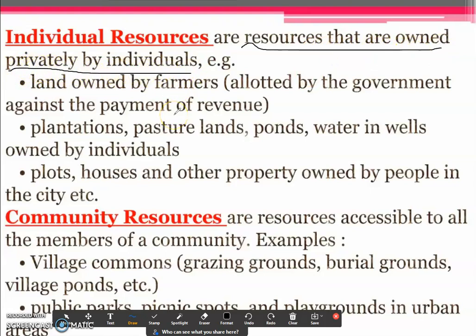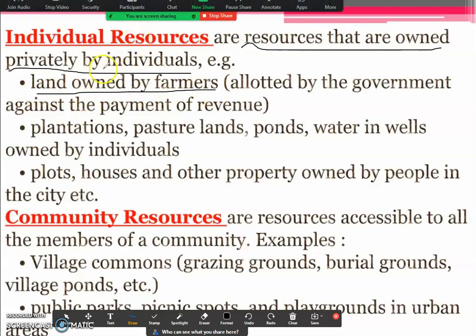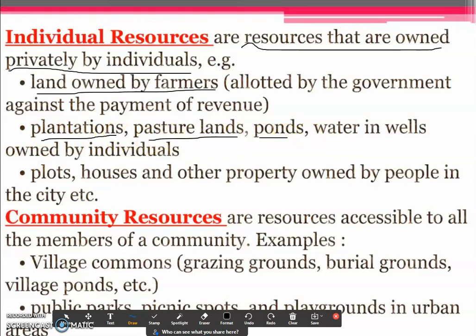That means the resources which are owned by so and so person are called individual resources. For example, you can take land owned by a farmer. That land only belongs to that farmer, right? Then plantations, pastures, ponds and wells.